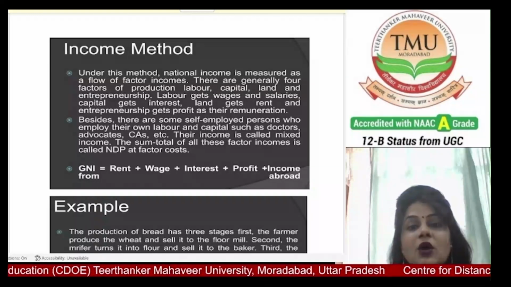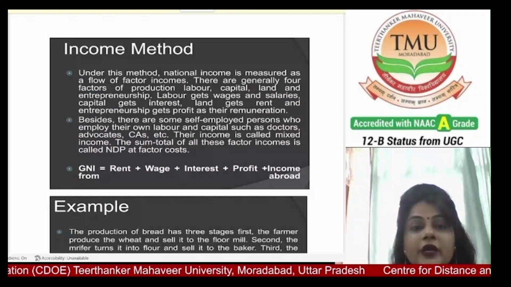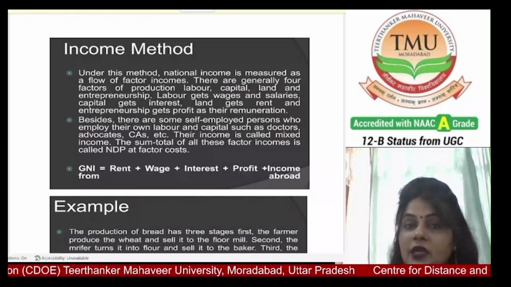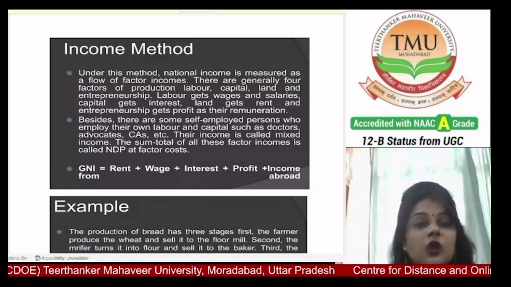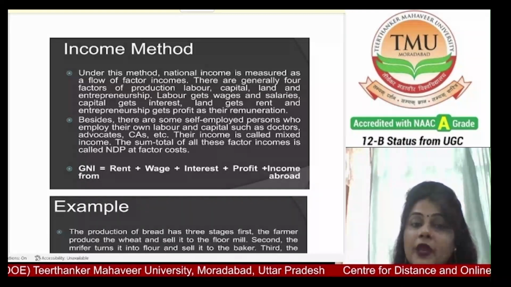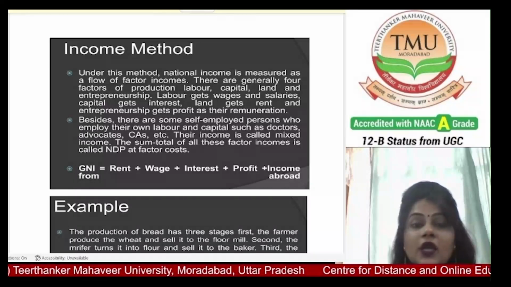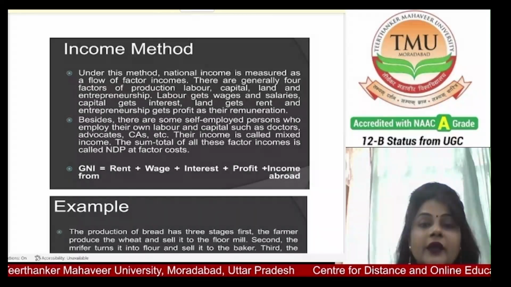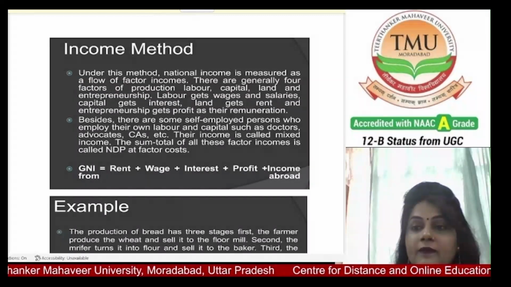Interest income consists of the interest on loans taken for productive services. It doesn't include interest paid by one firm to another, interest paid on loans taken by consumers for consumption, and interest paid by the government on public debt.